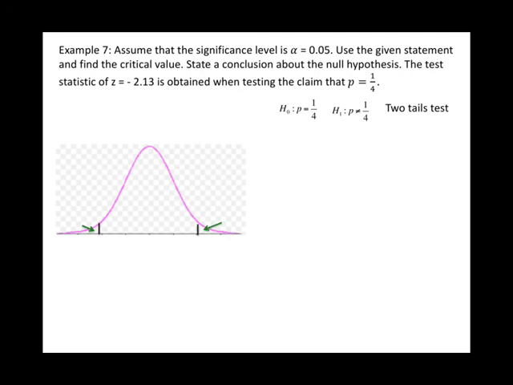So first, figure out what is the area of each tail. We have 0.05 here, right? The 0.05 is talking about the area to the left plus the area to the right. Right now I have a two tail, so I'm going to divide by 2. So it's going to be 0.025.